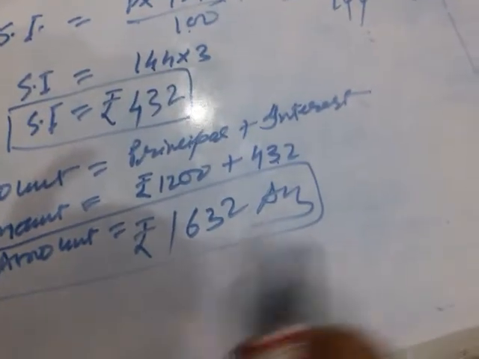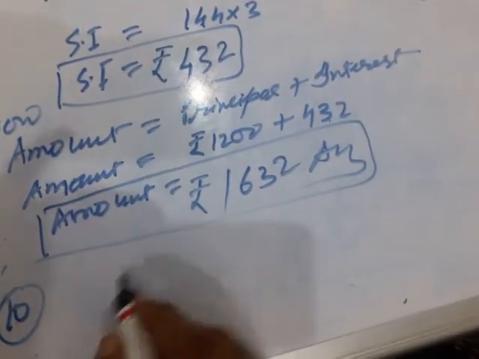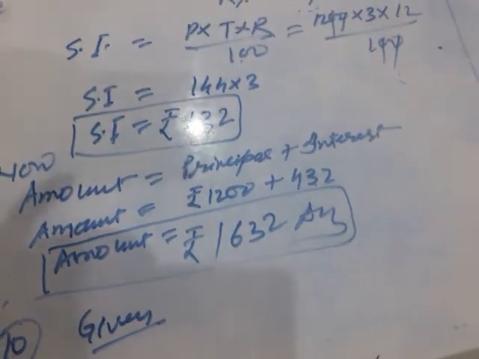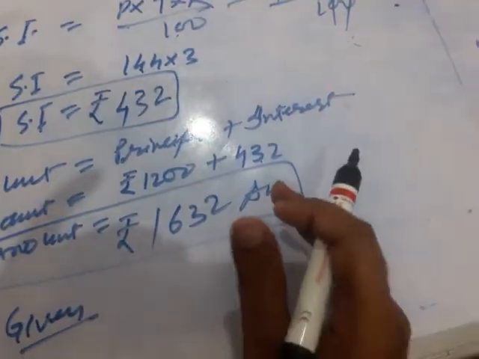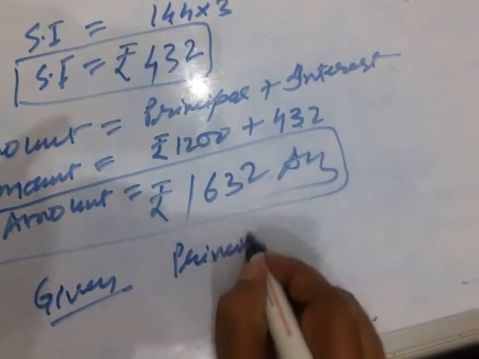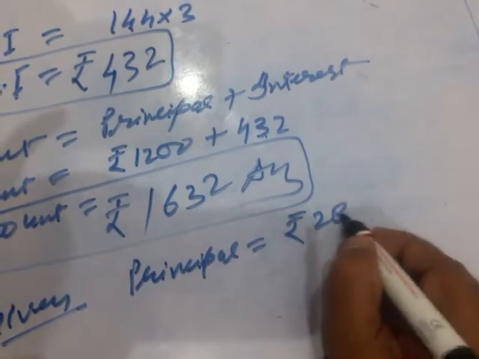What is question number 10, children? See, I am not going to write the entire question here. What rate gives rupees 280 as interest? That means interest, SI, equals rupees 280.